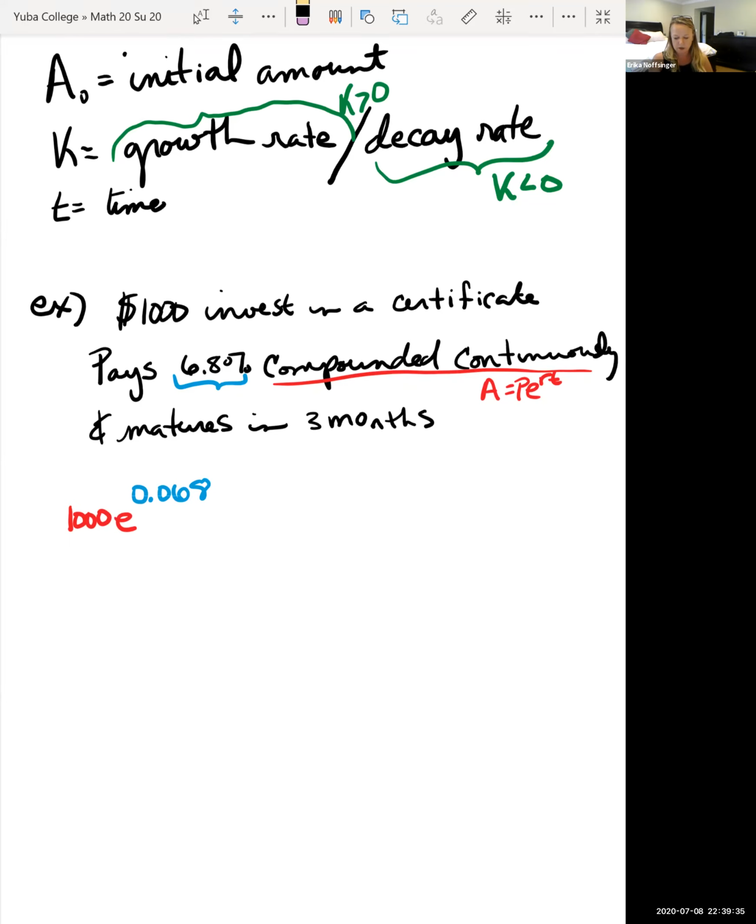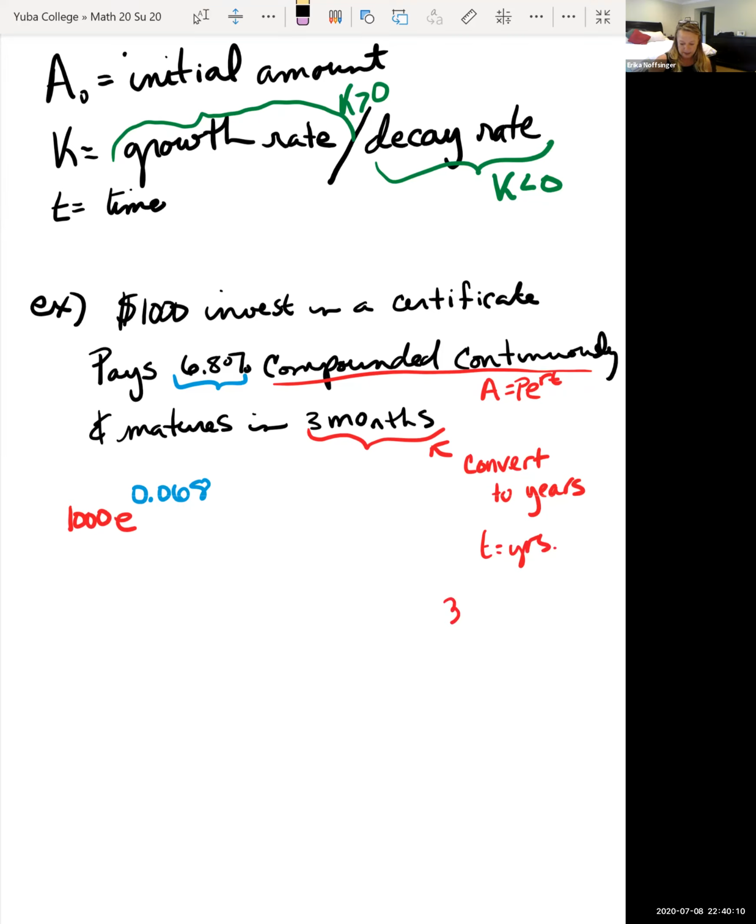This is where the 3 is getting me, the 3 months. t is normally in terms of years, so we need to convert 3 months into years.